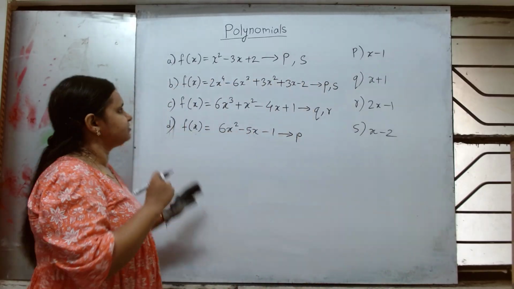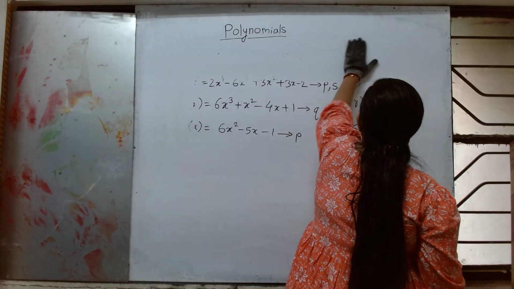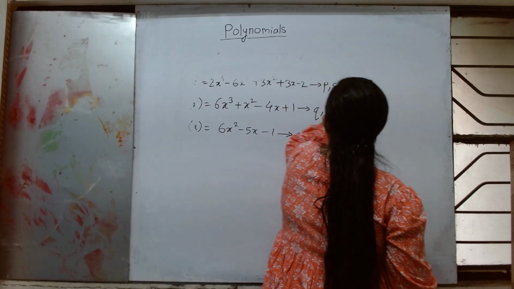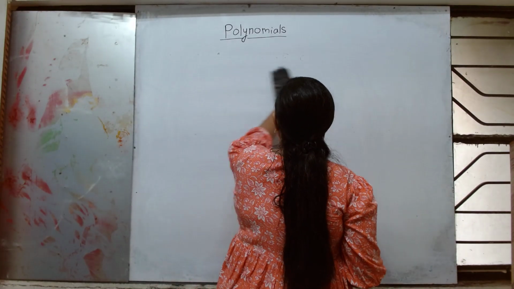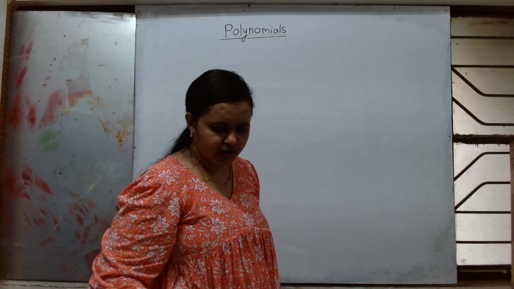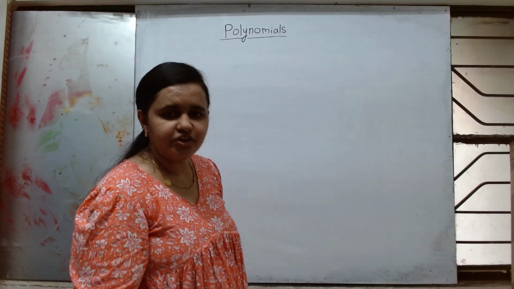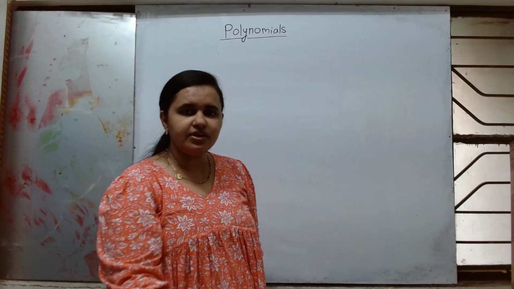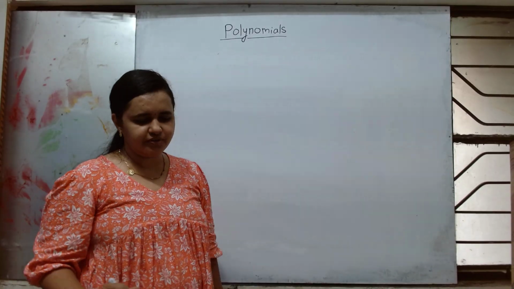Now 28. If x plus k is the common factor of two polynomials that are given, and we have to find the value of k.